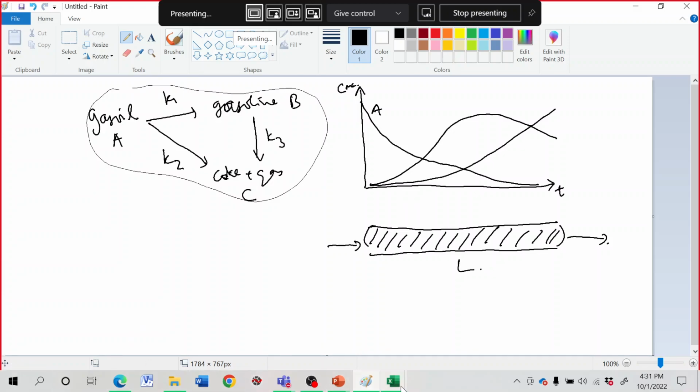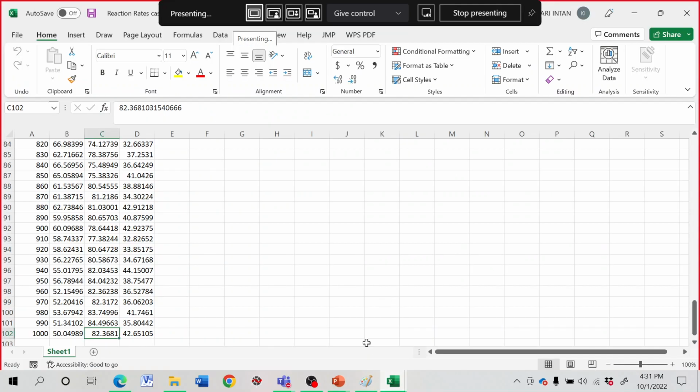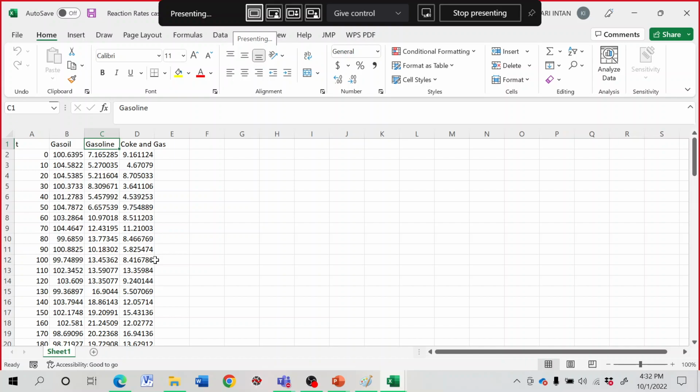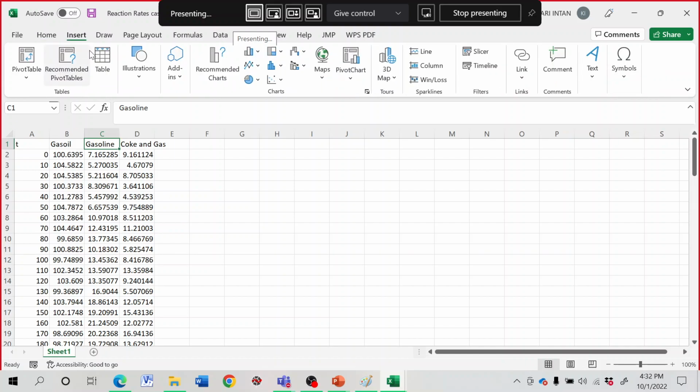So let's see the data. Obviously it will match, because this is the data that I just made. So let's plot this.